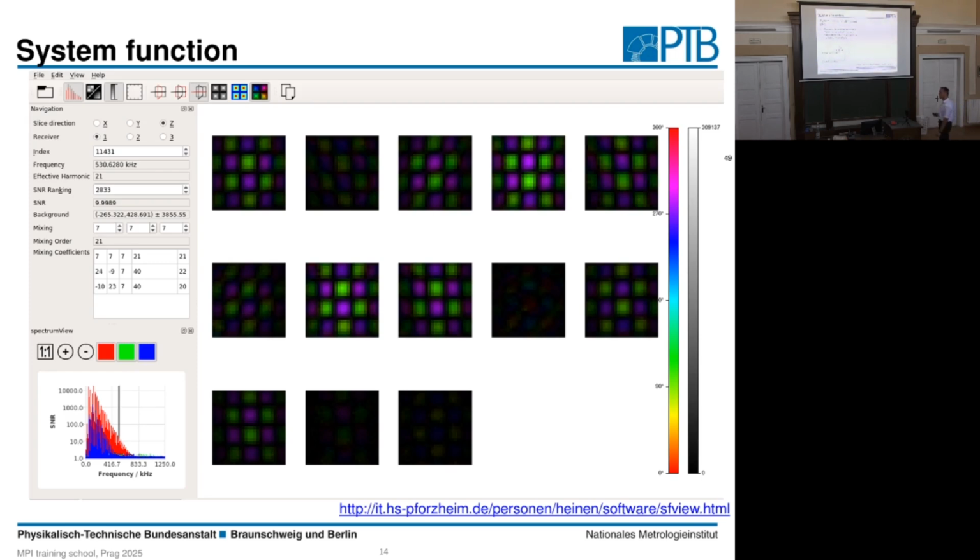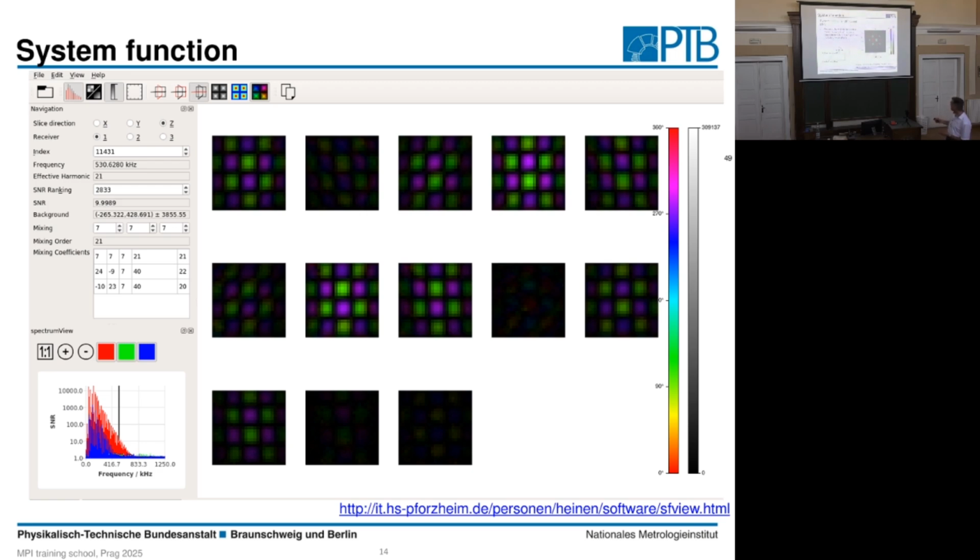Okay, so further, the system function. We measure the system function with a very small sample, which we move to all positions in the field of view. And there is a very nice tool written by Ulrich Heinen, this SFU, you can find it using this address here. And with that, we can look at the spatial distribution of the absolute values and the phase.